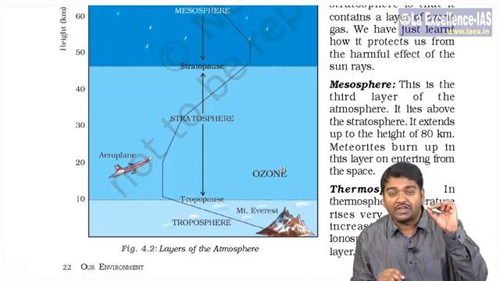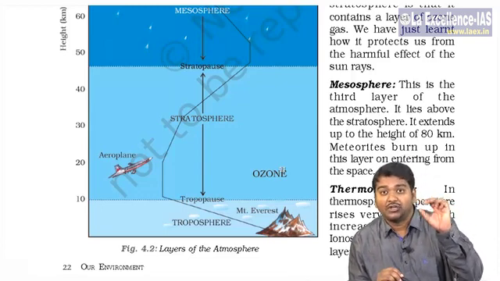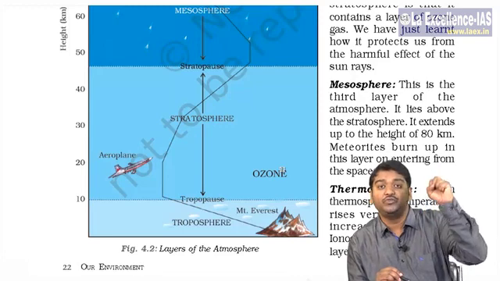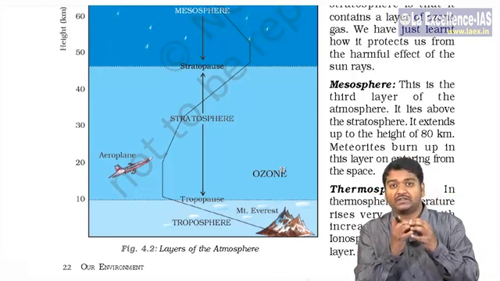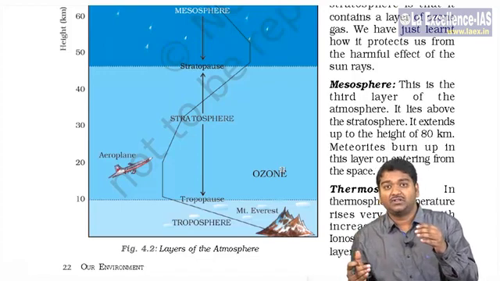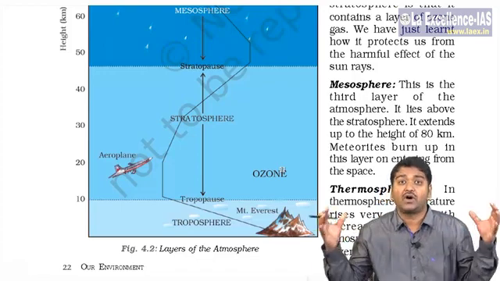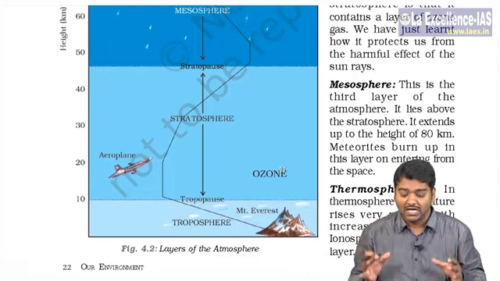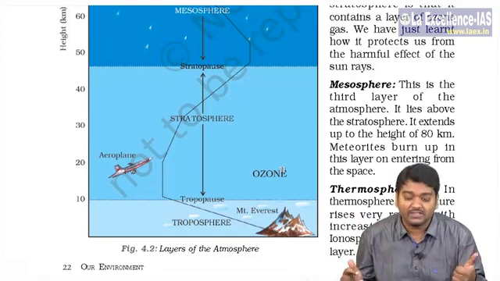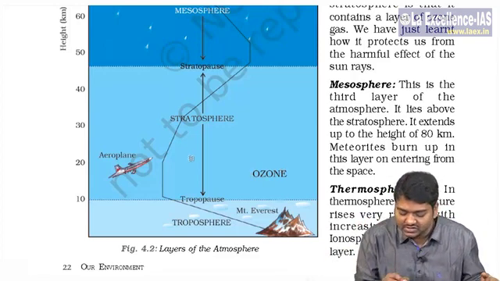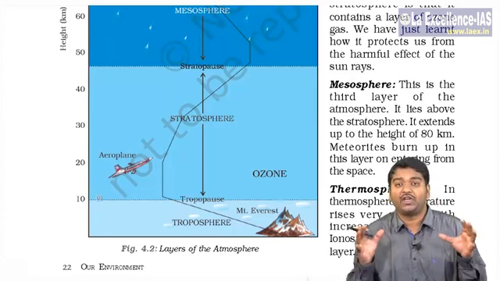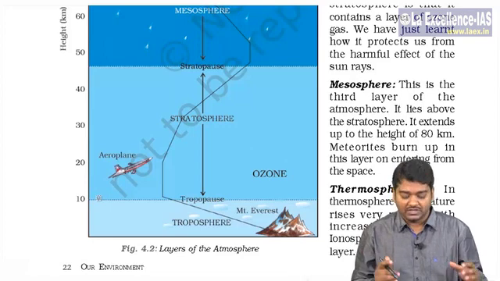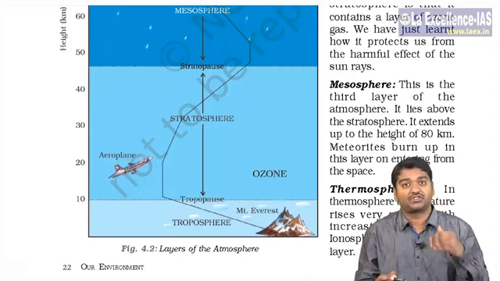And ozone is very important for us because it absorbs UV rays, which are harmful to us. As it absorbs UV rays, they don't reach the earth, and plants and animals exist. So the ozone layer is very important. Where is it present? It is present in the stratosphere. And the stratosphere is usually free of clouds. Due to this, it is good for aircraft to move.